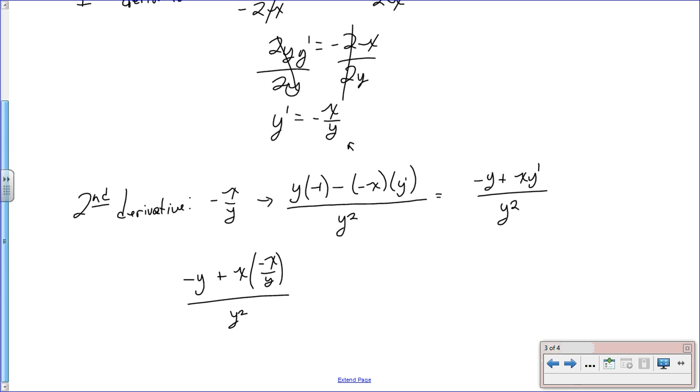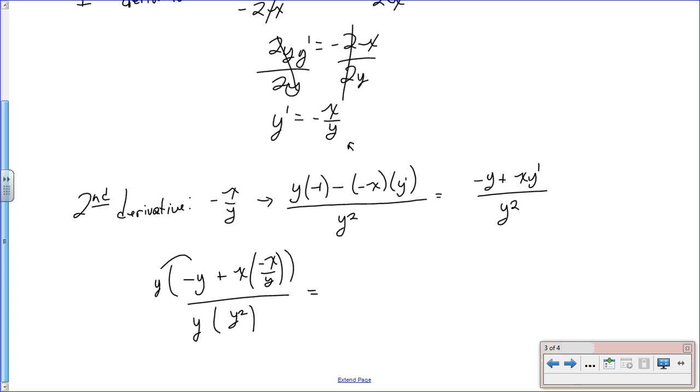Now to get rid of this fraction here, we can multiply the entire top by y. And whatever we multiply the top by, you have to multiply the bottom by as well, because multiplying by y over y, we're essentially multiplying by 1, so we are not changing the value of the fraction.